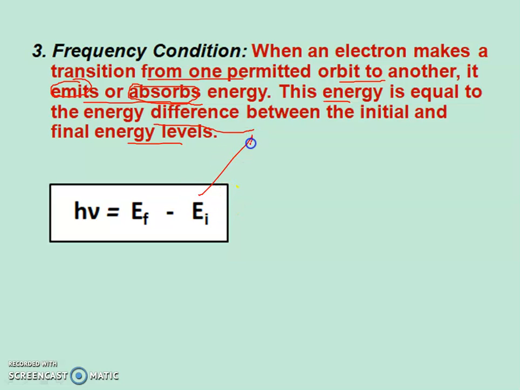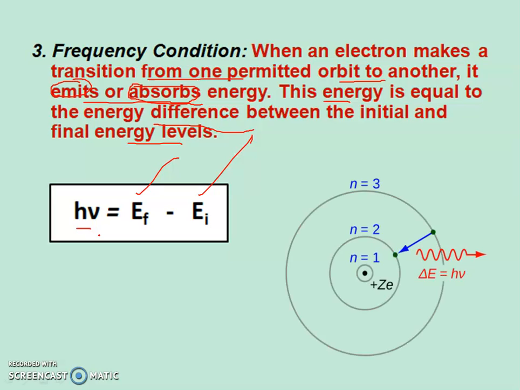Now, this is the energy of the initial energy level, and this is the energy of the final energy level. The difference between energies is equal to h nu. It means the energy will come out, or be absorbed by the electron, in the form of a photon, right? So this h nu may be written as hc by lambda, right?